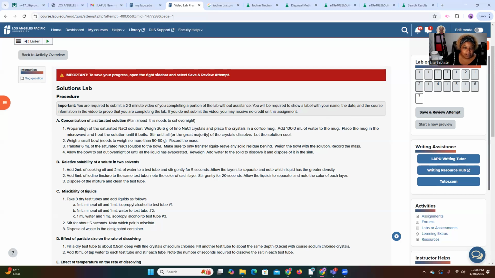Okay. And so some other things that I do want to point out. You are going to be doing some weighing, all right? And you're going to use your electronic balance. You want to make sure that first of all you turn it on. That's very important. And then you're going to be using the weighing boat that you have on there, and you're going to put that on the balance.